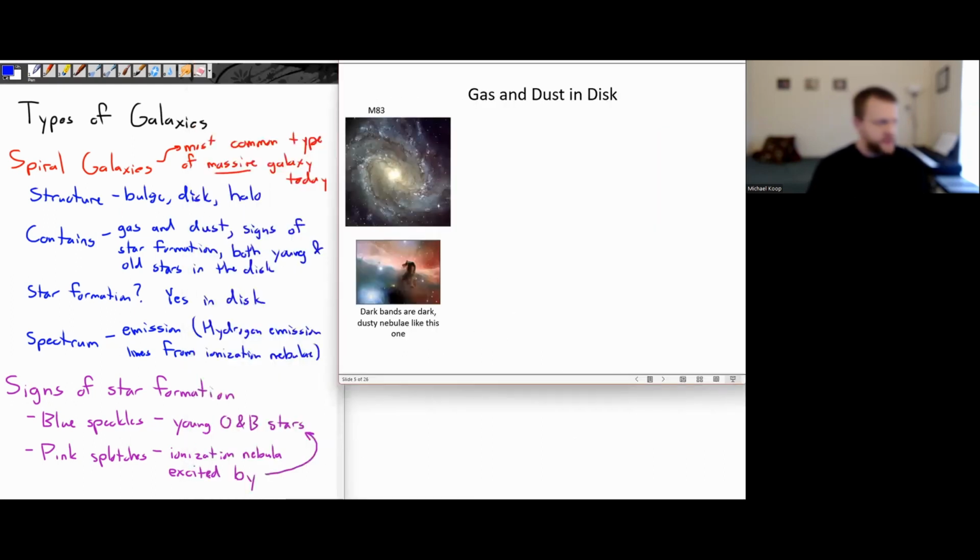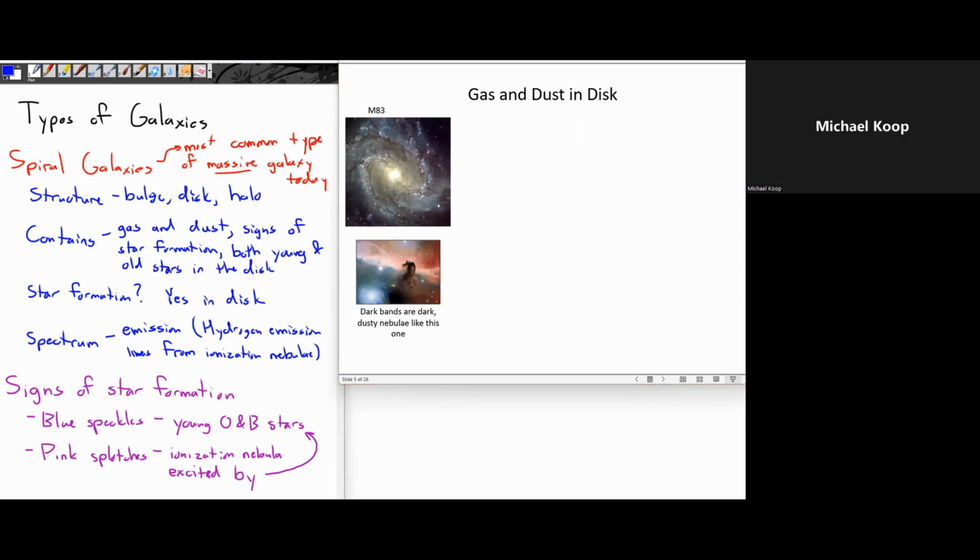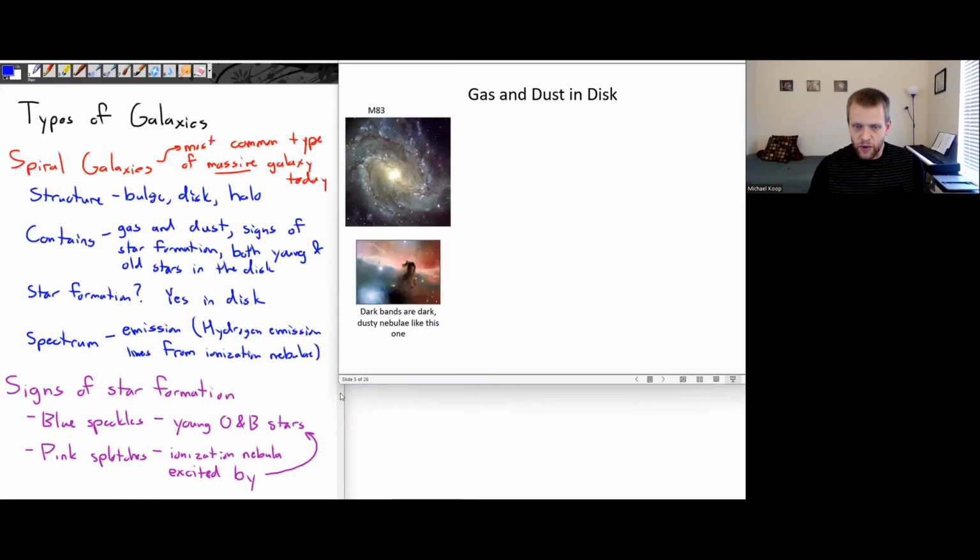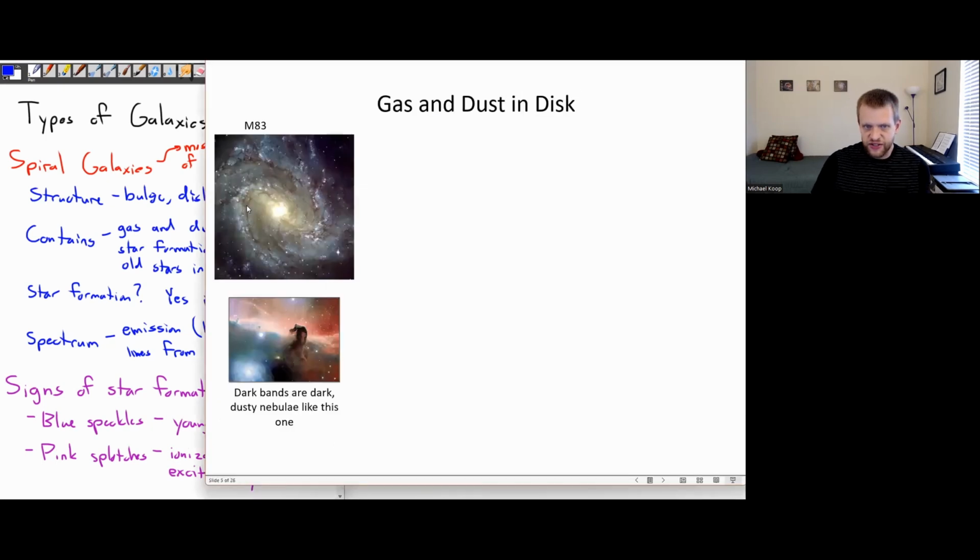We can also look at the gas and the dust in these galaxies. So I'm going to zoom in on this as well, since we've already kind of talked about this. Inside of the disk, we notice that there are these darker regions. And again, I really want to highlight here, these darker regions are clouds of gas and dust. They are not dark matter.